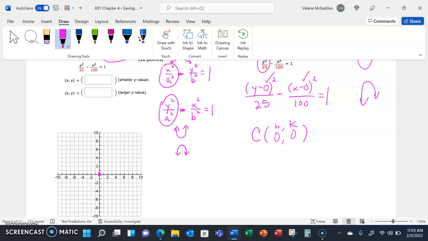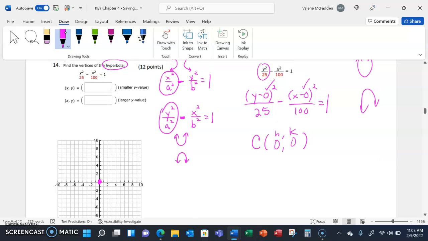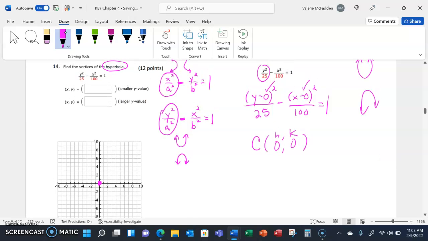So I'm going to go to my graph paper. I'm going to put a dot on 0, 0. So now let me show you how this is going to open. On the y-axis, I'm going to count the square root of 25 because 25 is underneath my y's. That's how I remember it. The square root of 25 is 5.